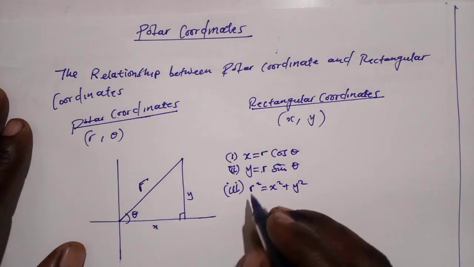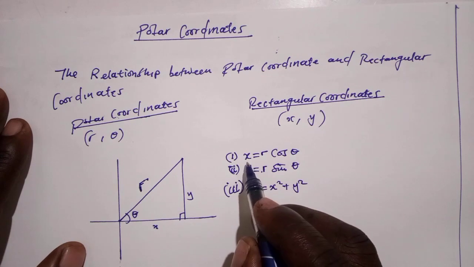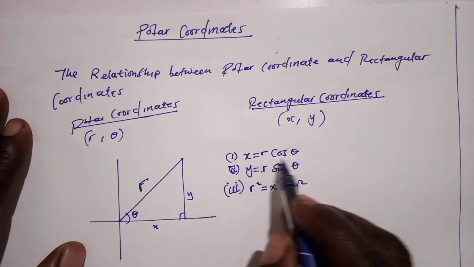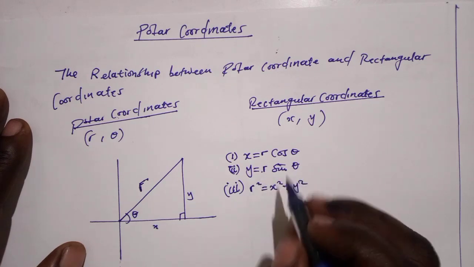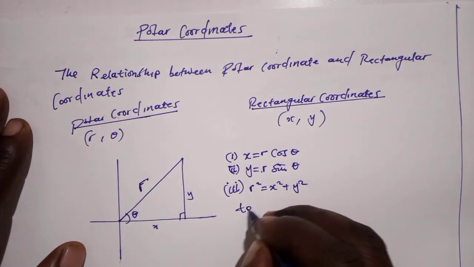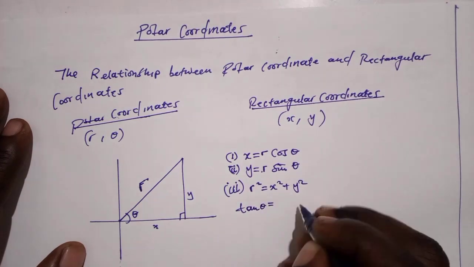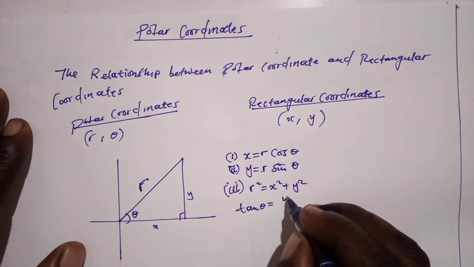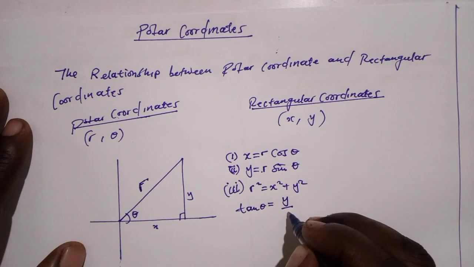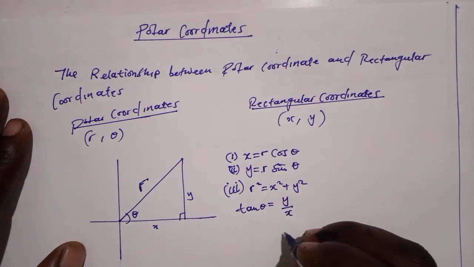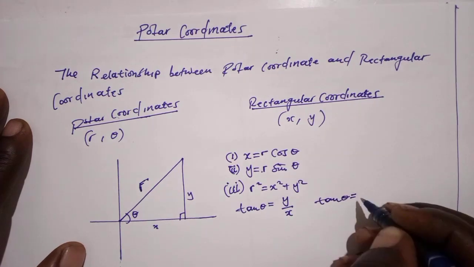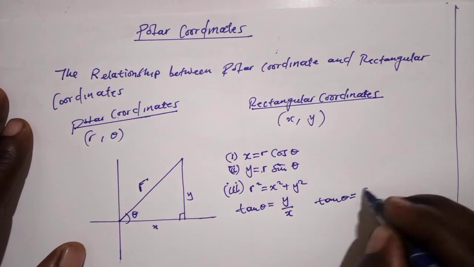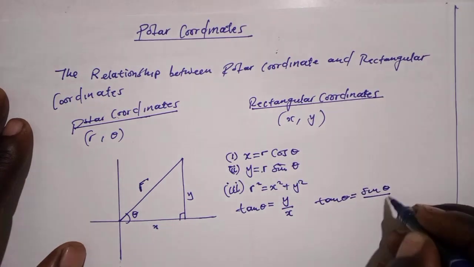Then here, if you can see, x equals r cos theta and y equals r sin theta. So tan theta will be equal to y over x, because we all know that tan theta is sin theta over cos theta.